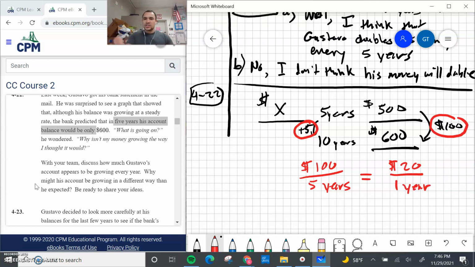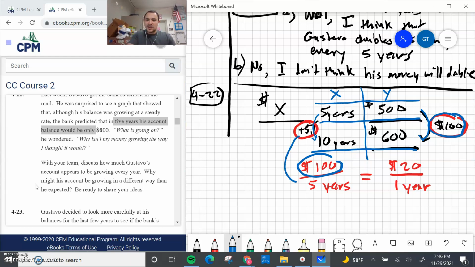And this is kind of just like an example of how we're going to be writing tables. X and Y. In 5 years, it's $500. In 10 years, it's $600. What is the change on both sides? Well, we know it's going to be $100. That's the change. And then 5 years. So that means the change is $20 per year.